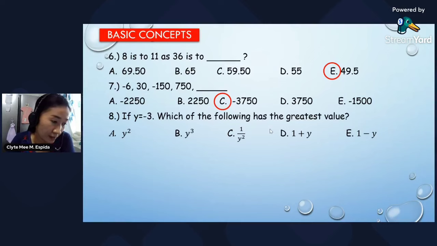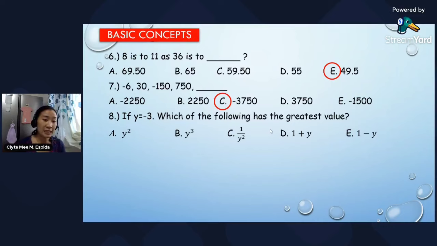So, the correct answer? Oh, someone is asking why 5 was used in number 7. You could get the multiplier by dividing the second number by the first number.